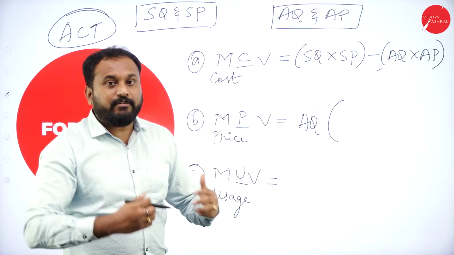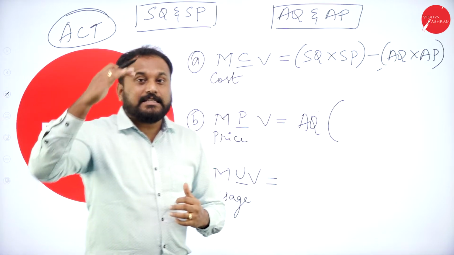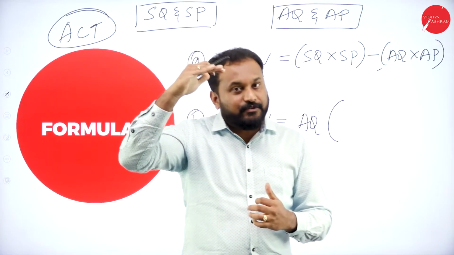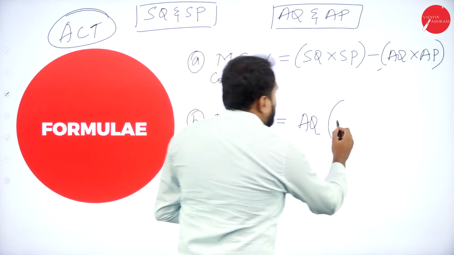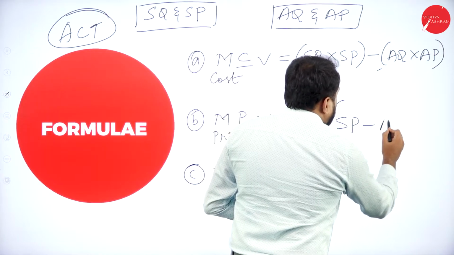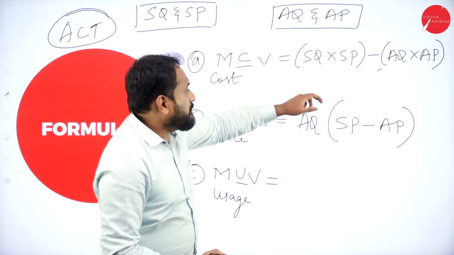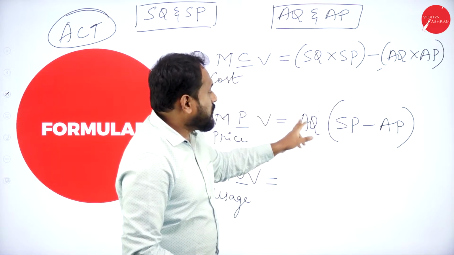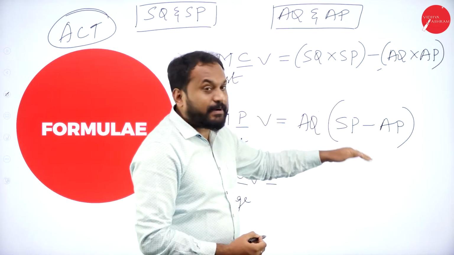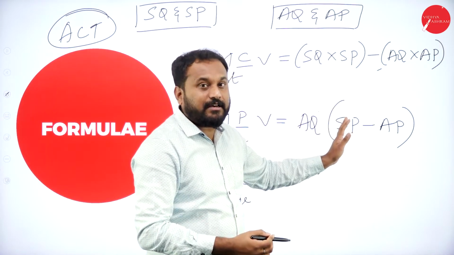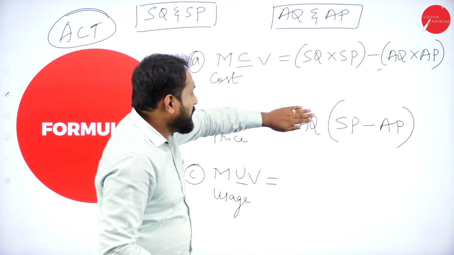Price should come in. What will come first? Standard, since standard is set by the company. Standard will come first. So SP minus AP. Now quantity has come out, price should come in, standard first: SP minus AP. Now AQ you block.